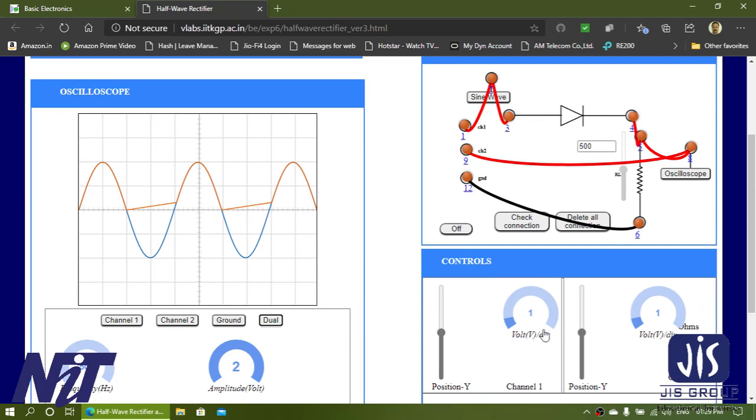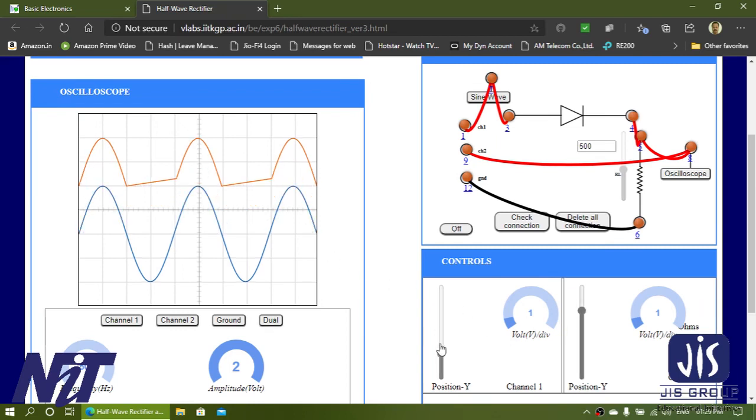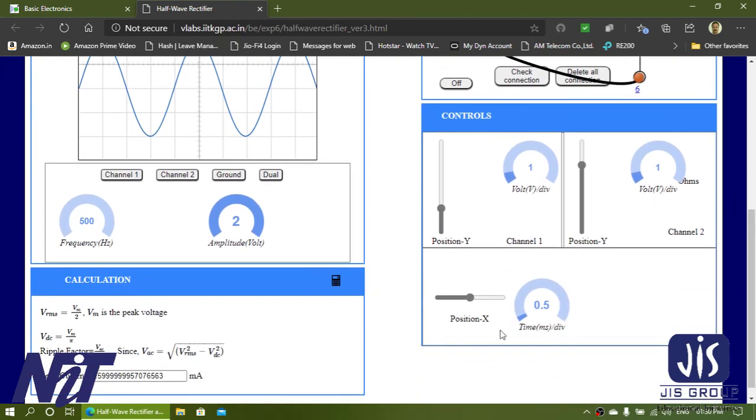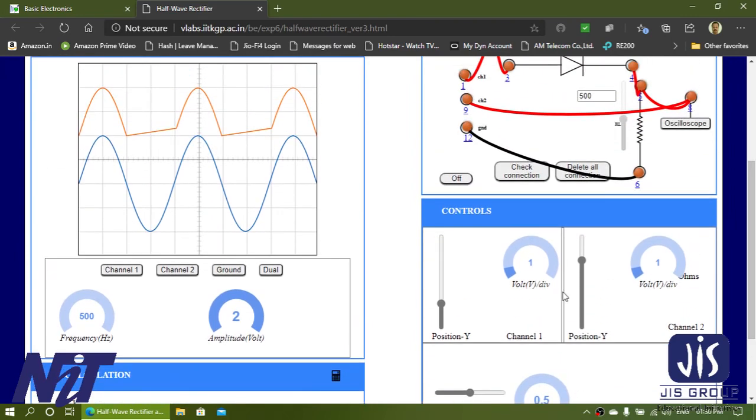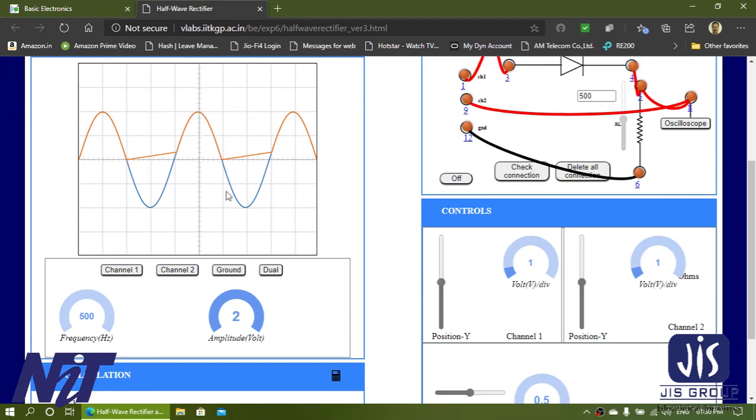Okay, you can differentiate these two by varying this knob as well, as I did in the previous experiment. So now again you have to do this calculation in the same manner. From this waveform we already find our VM, same 2 volt.